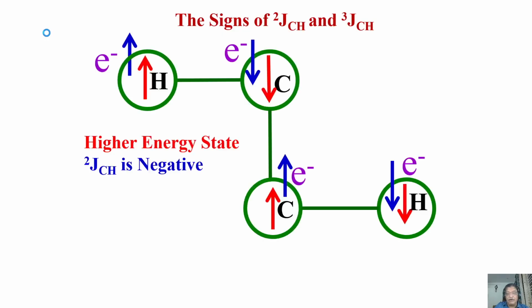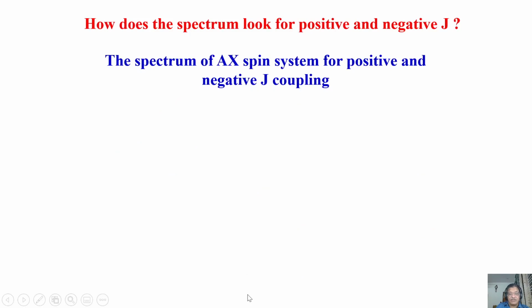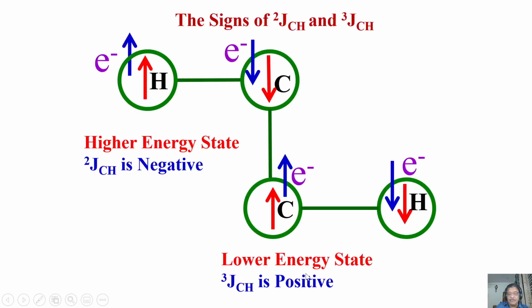Okay, and this is a low energy state. I'm sorry, correct. HH was correct. 3 bond JHH. Okay, C to H, H to C, C to C, and then C to H. Okay, 3 bond JHH. This was correct. I should not have changed. Okay, 3 bond JHH is positive.